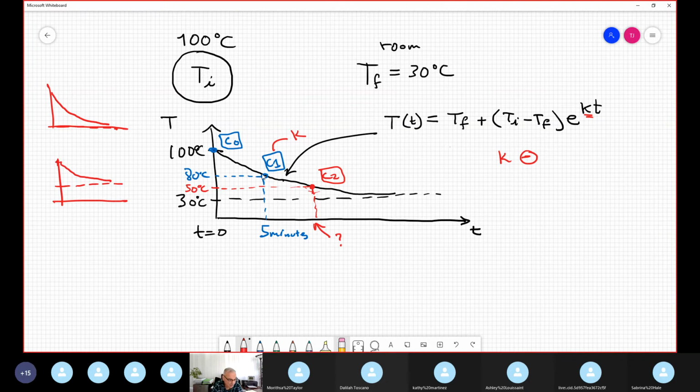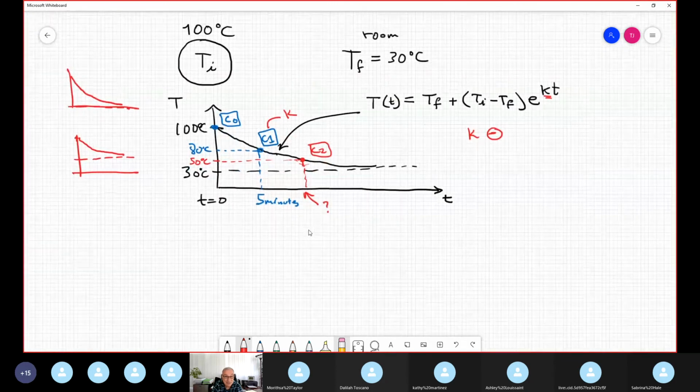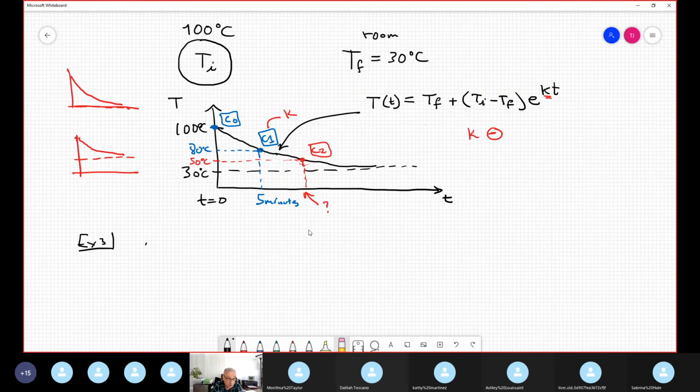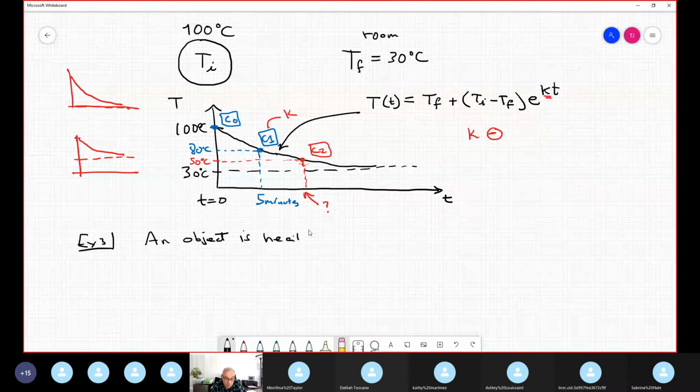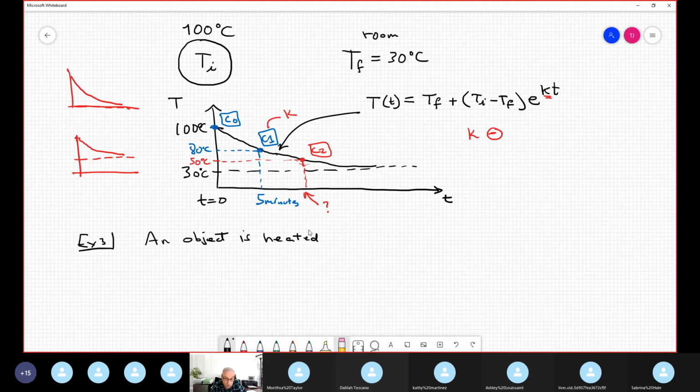Okay, let me copy the idea for the problem. This is the basic idea, but I want to copy the text of the problem. Problem number 3 is the last one for today, example 3. We have an object, and the object is heated to 100 Celsius degrees. This is the case.